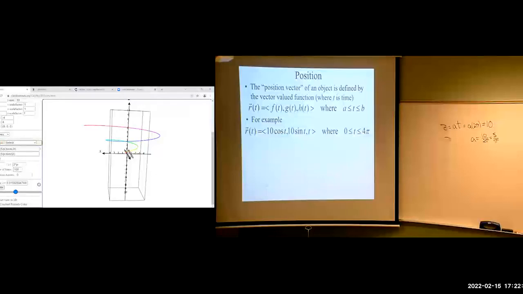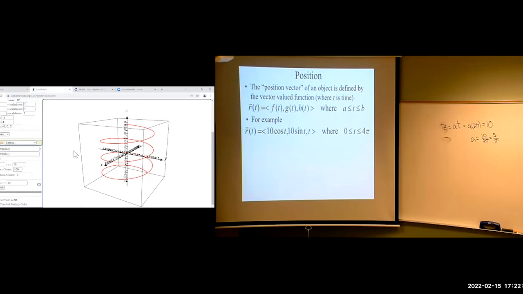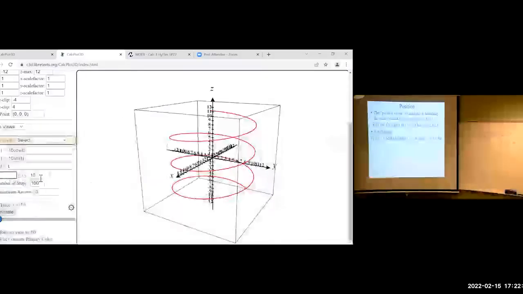So here is our vector valued function, and let me bring that up. That's what this looks like. We're doing 0 to 4 pi, so let's match that up. We know that it makes a helix, right?